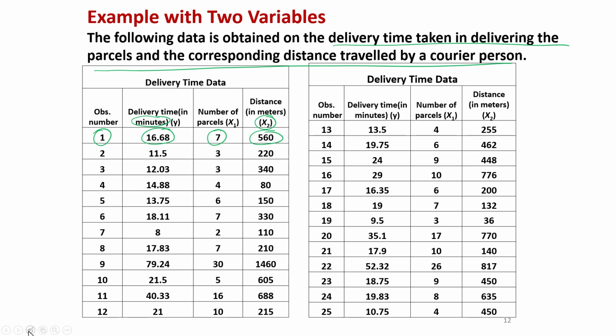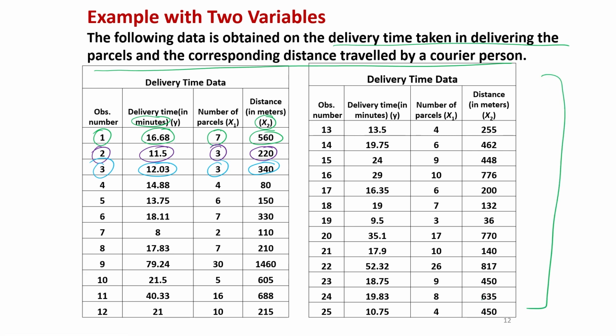Similarly, the second observation is that the delivery person had to deliver 3 parcels and travel 220 meters, and the delivery time was 11.5 minutes. Similarly, in the third observation, there were 3 parcels to be delivered, the travel distance was 340 meters, and it took 12.03 minutes, and such data is given over here.